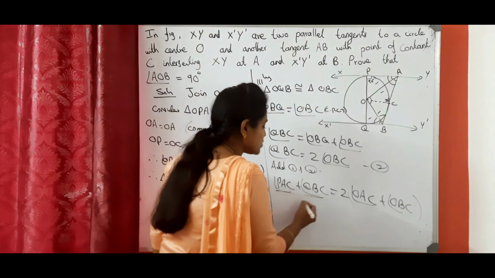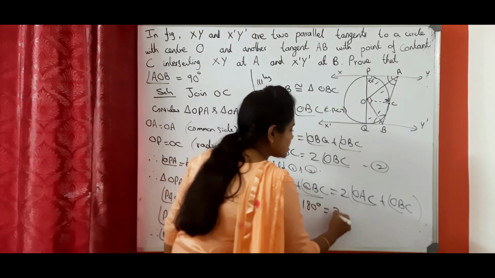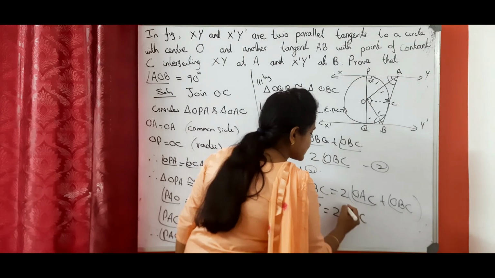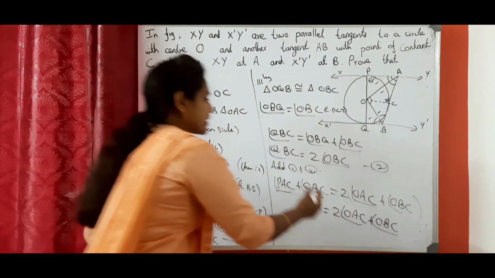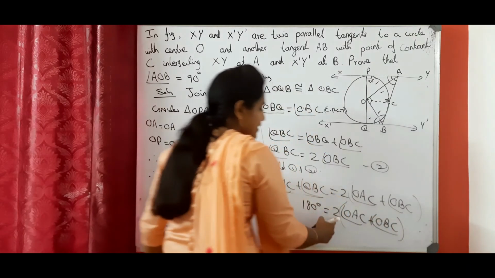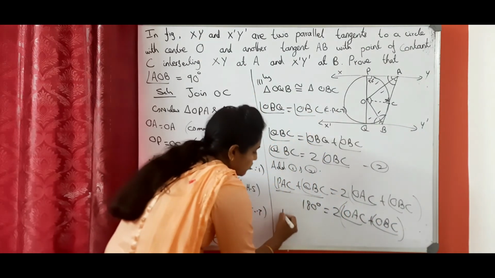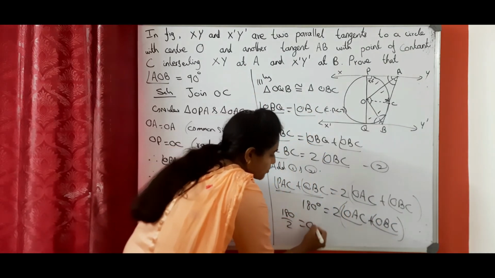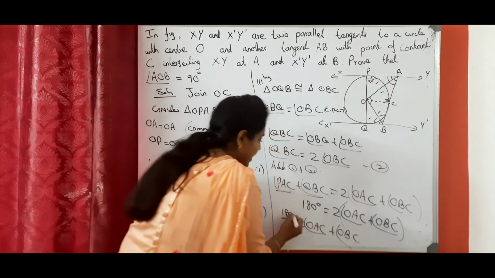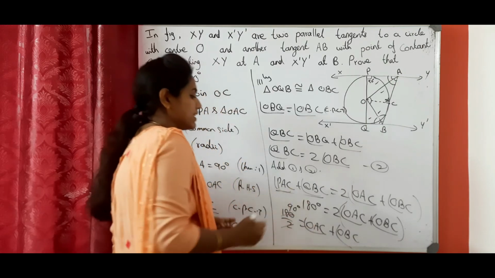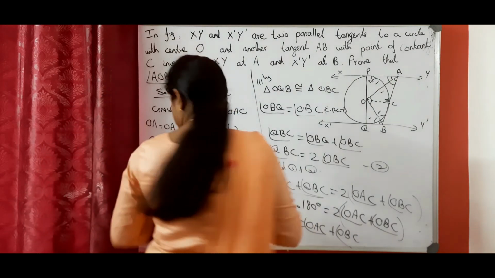So instead of this we can write 180 equals 2 times OAC plus OBC. I am taking this 2 here. So 180 divided by 2 equals OAC plus OBC. If we cancel, we will get here 90 degrees.